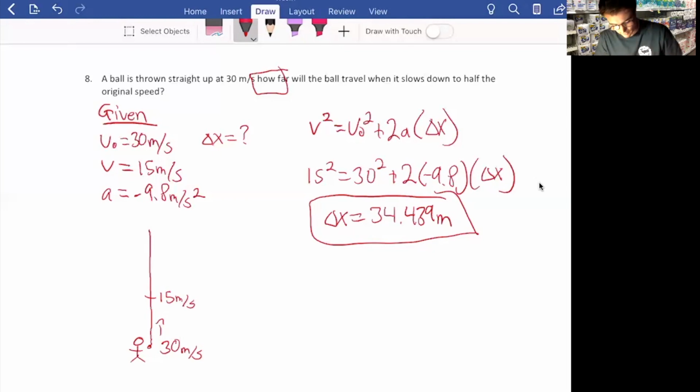So we're trying to find the distance, the distance that is, right? So what is this? Well, it turns out to be 34 point blah, blah, blah, right? Around 34 meters. That's the answer, right? And then up here is where it stops. So it's 0 meters per second. Okay. So yeah, that's about that.